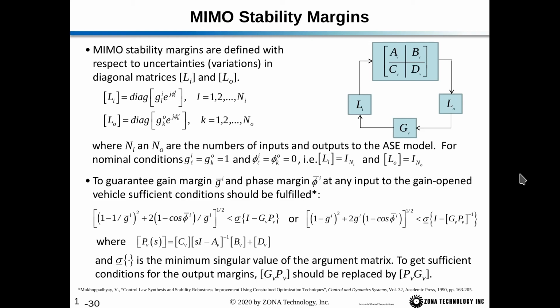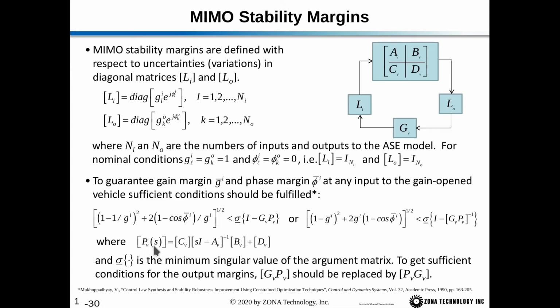To guarantee gain margin and phase margin at any input to the gain open vehicle, sufficient conditions should be fulfilled. And these conditions are taken from this paper, Control Law Synthesis and Stability Robustness Improvement using Constrained Optimization Techniques.